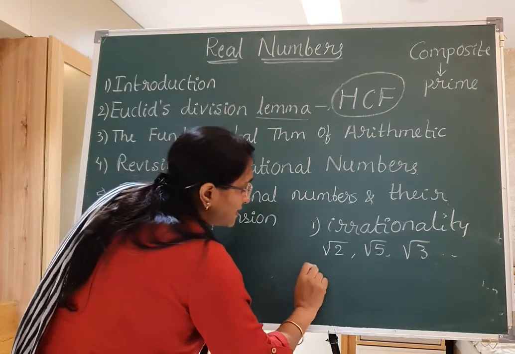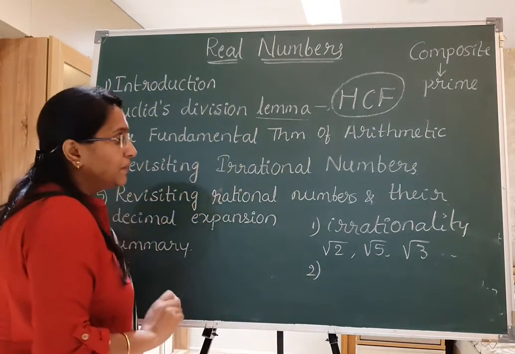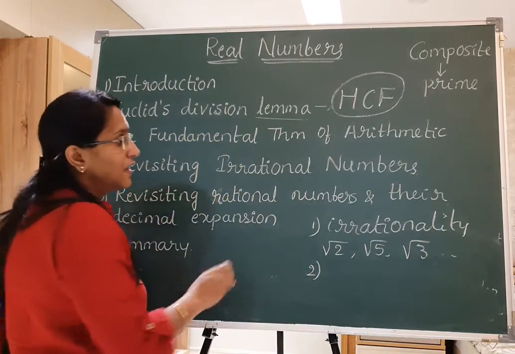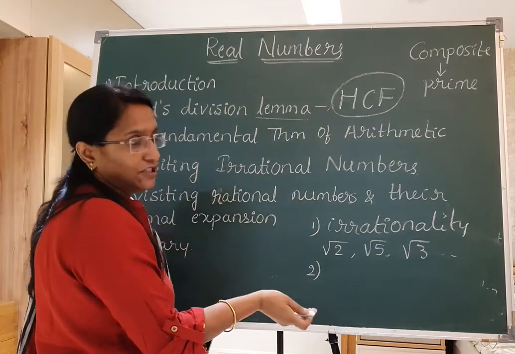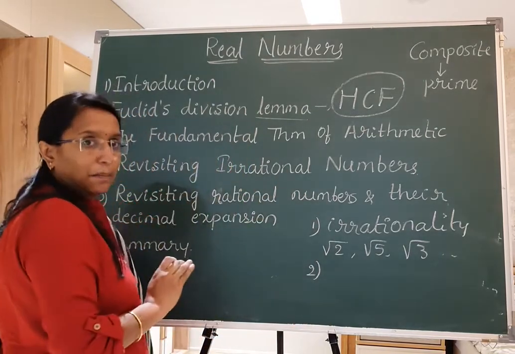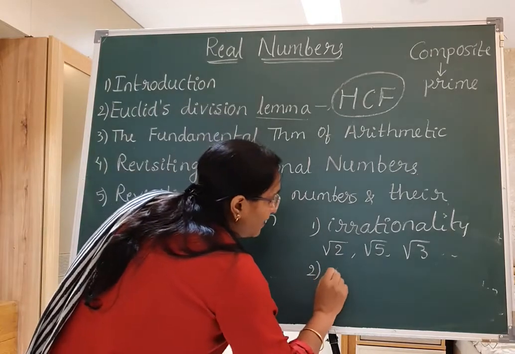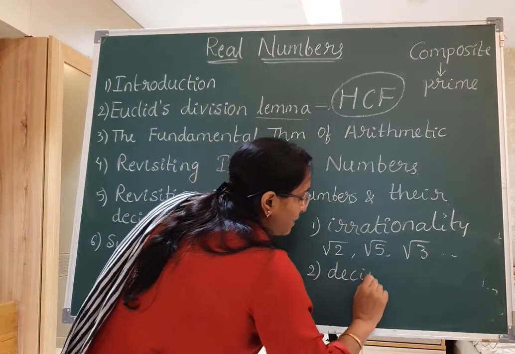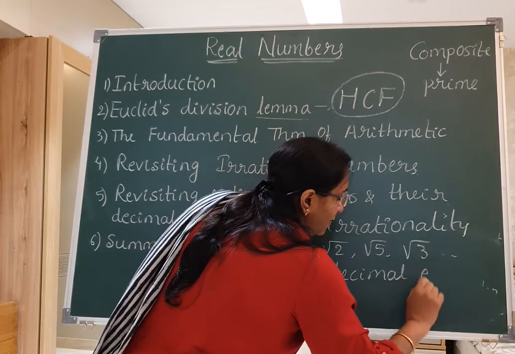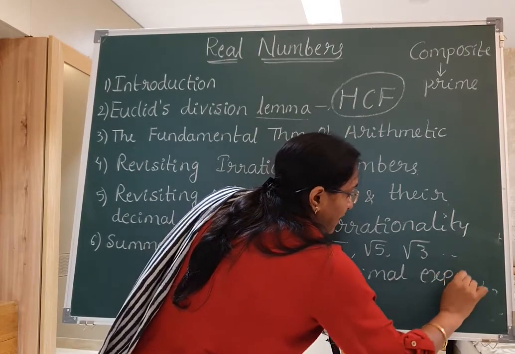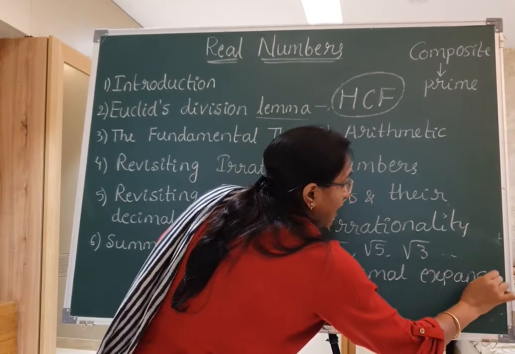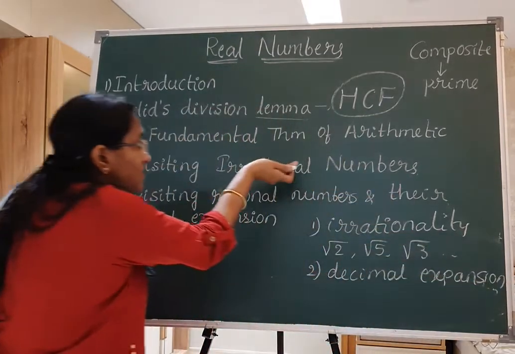What is the second application? When a number is rational, we can find out whether the decimal expansion of that number is terminating or repeating by using this theorem.